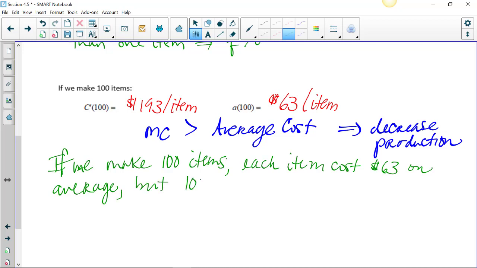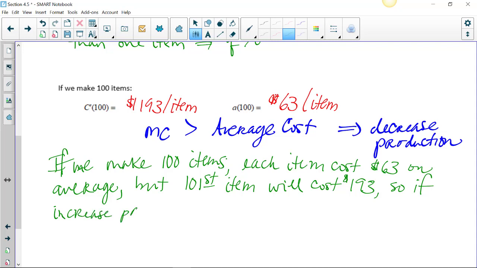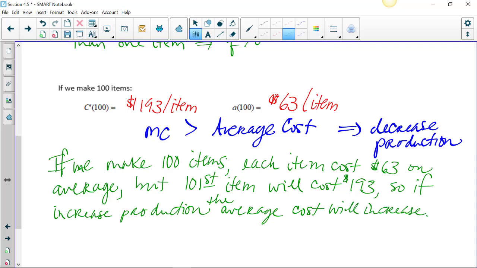But the 101st item will cost $193. So if we increase production, the average cost will increase. And we don't want that.